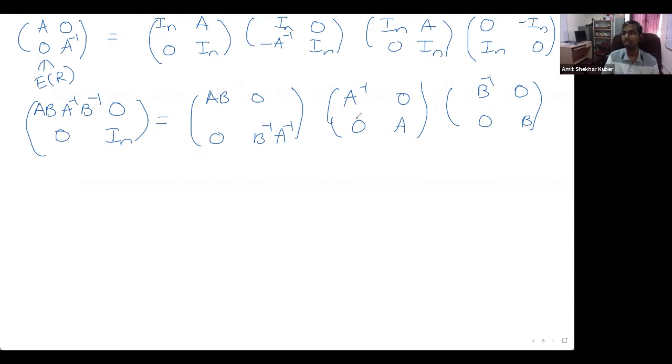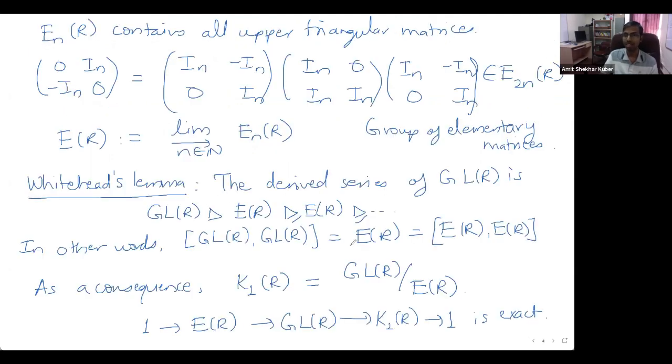Now the multiplication of all of them is this matrix, which, if you disregard the size, is the same as AB A inverse B inverse. So therefore, now we have shown the other equality as well. So the commutator subgroup of GLR is indeed ER.